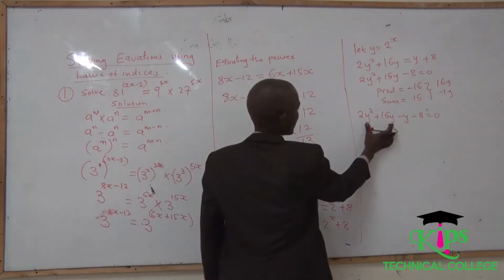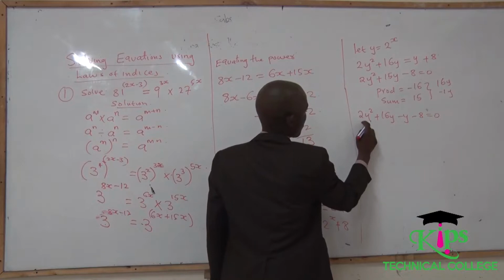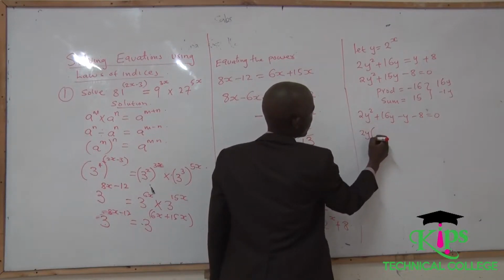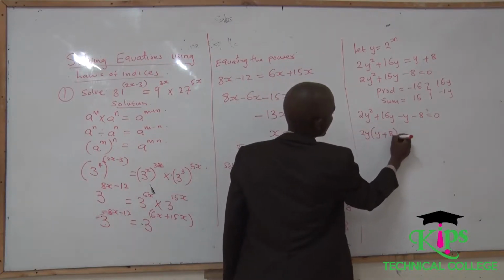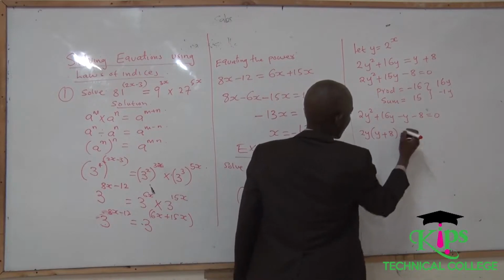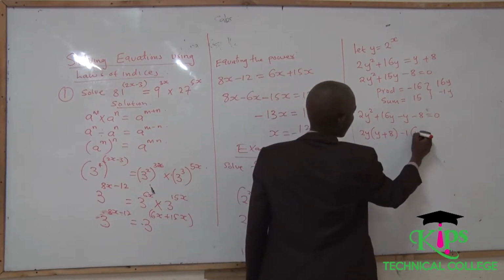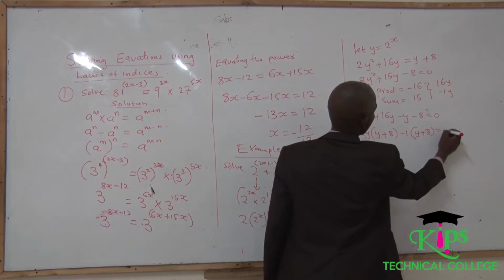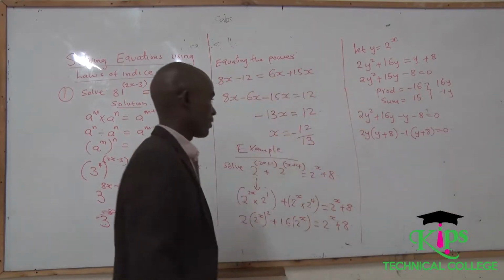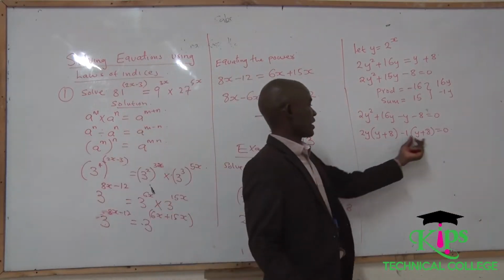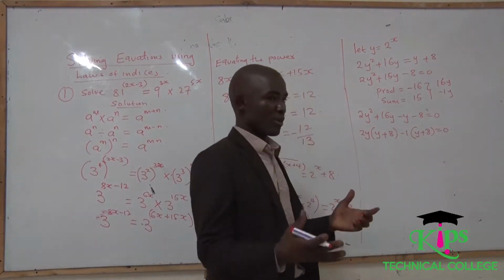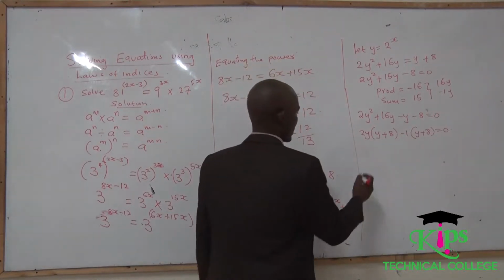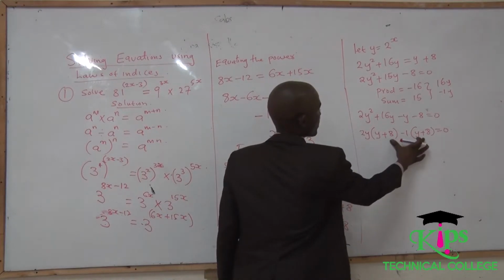You can take 2 at a time. What is common here is 2y into y plus 8 minus, you can take 1 outside the bracket, then y plus 8 is equal to 0. You can see what is in the bracket is common. Using the laws of expansion, you combine these two and you pick one of the brackets.